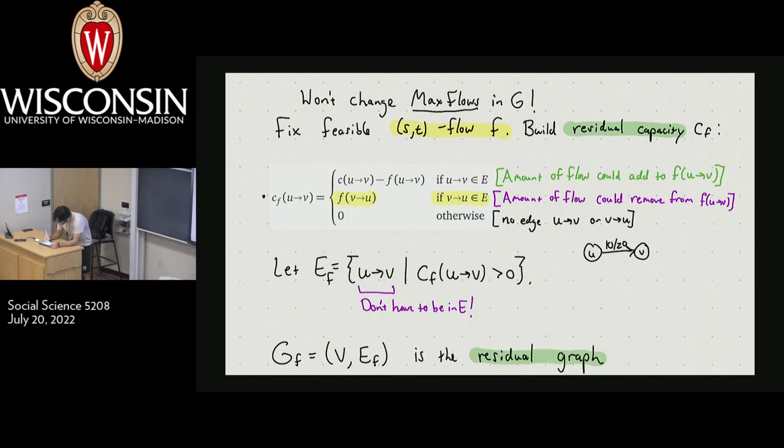Then in the residual, we have U to V is 10, and V to U is 10. So we can add 10 more units of flow from U to V. That's the first case. Or we could remove 10 units of flow from U to V. That's the second case. So this would be CF. And otherwise, the residual flow is 0. So if an edge doesn't exist, we're going to keep it not existing.